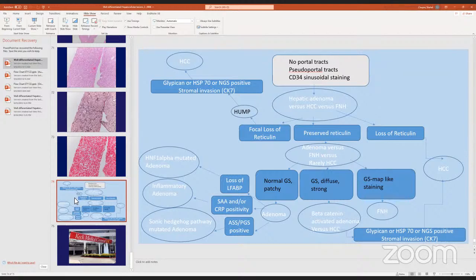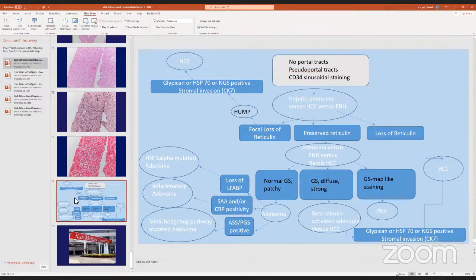So the couple of things you want to be sure of before you sign it out is that you at least try to classify it as benign, atypical, or hepatocellular carcinoma. If it has one of the atypical features, it's best to call it atypical and put it in that category so that it can go for resection, as opposed to just calling it benign. Those are the three categories you should try to put the tumor in, because that would have therapeutic implications.